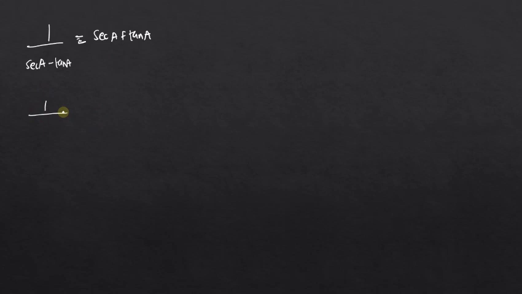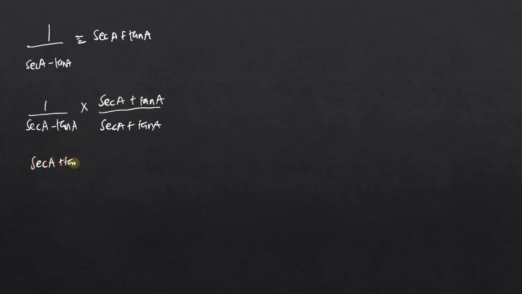One of the best ways is to rationalize this one. So multiply the top and the bottom by the conjugate of the denominator, sec a minus tan a. Then you multiply by sec a plus tan a all over sec a plus tan a. Then this will give us sec a plus tan a all over sec a minus tan a multiplied by sec a plus tan a, right?